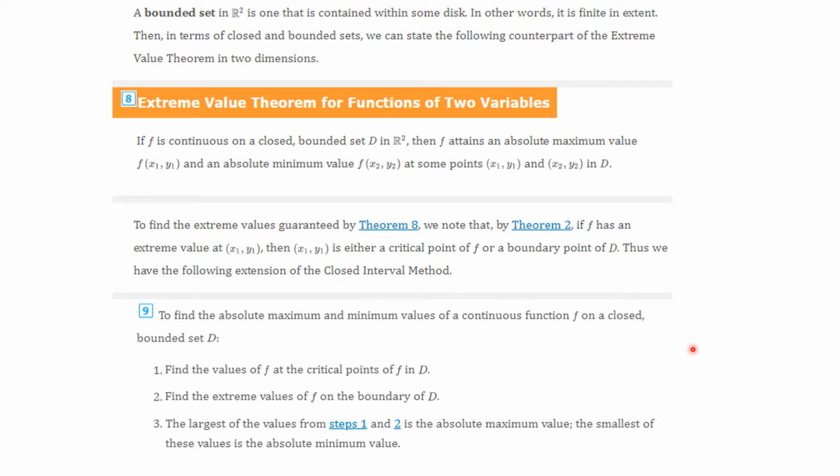To find the absolute maximum and minimum values of a continuous function on a closed bounded set D, find the values of f at the critical points of f in D. Then find the extreme values of f on the boundary of D, and take the largest and smallest of these, and those are the absolute maximum and absolute minimum.